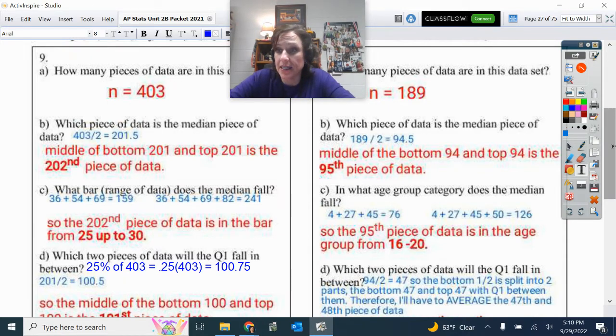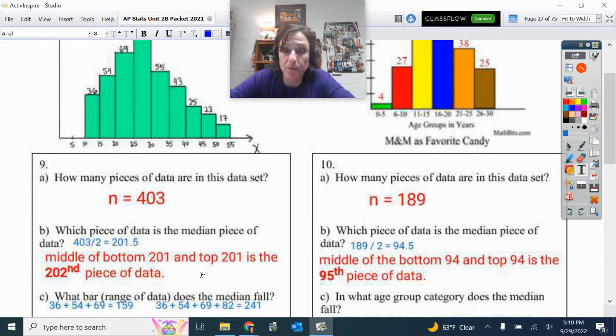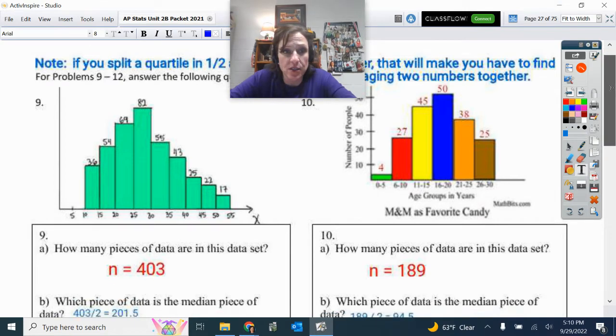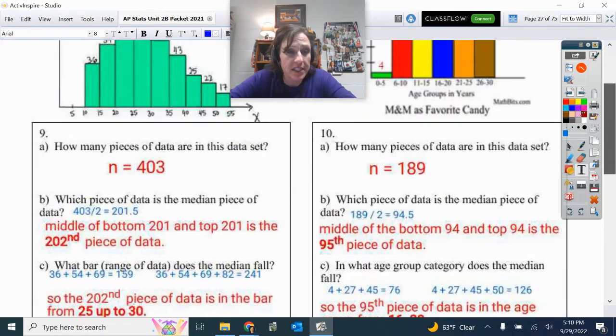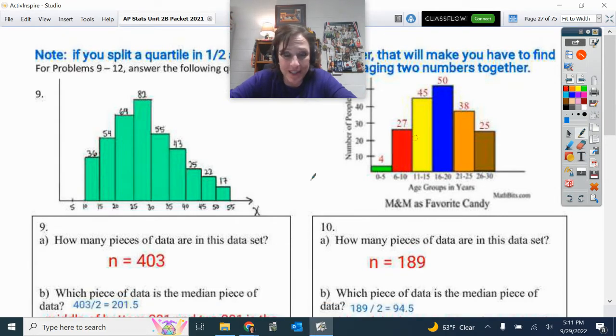So what that does is you then say, okay, how do I find where piece number 202 is? You can add this up: 36 plus 54 plus 69, and see where that brings you up to. That brings us up to 159 pieces of data. If I add 82, that takes me up to 241 pieces of data.